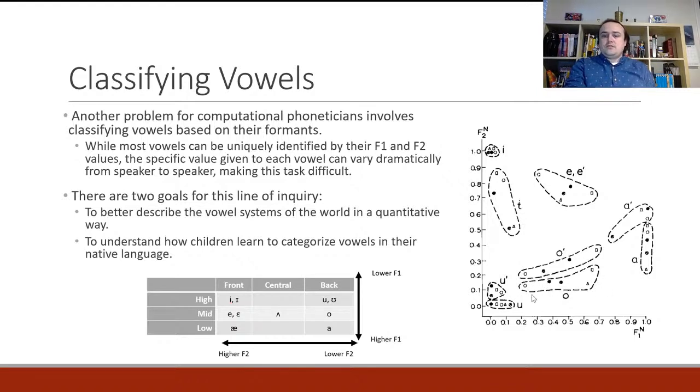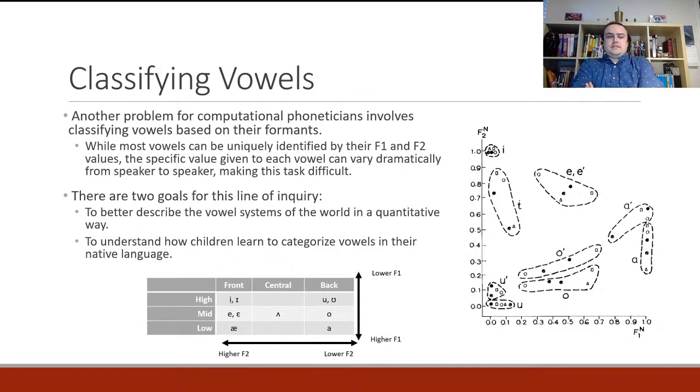So this O is actually closer to this U than it is to this other speaker's O. So it can be really complicated trying to automatically detect what a vowel is, even if you do know its F1 and F2 automatically, even if you're able to do that Fourier transformation, fine. And this is a kind of problem that phoneticians are trying to solve.